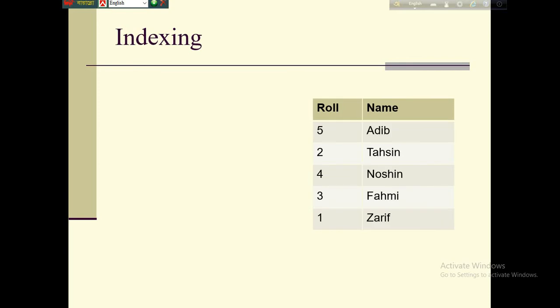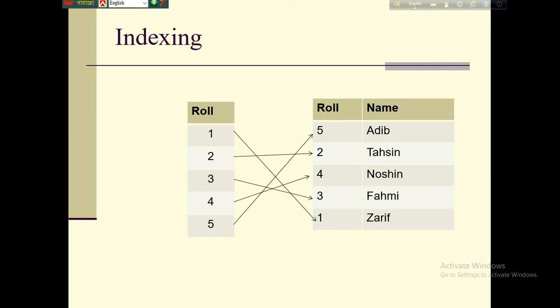Indexing is another kind that also arranges your data, but it is a different process than sorting. On the right hand side we see the main file, which will be unchanged, and a new file will be created. For example, here I have selected only roll, and I have sorted the roll, and this new file that contains only one field, roll, I am connecting with the main file.